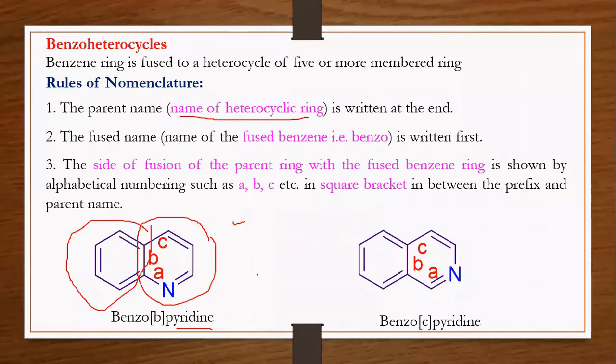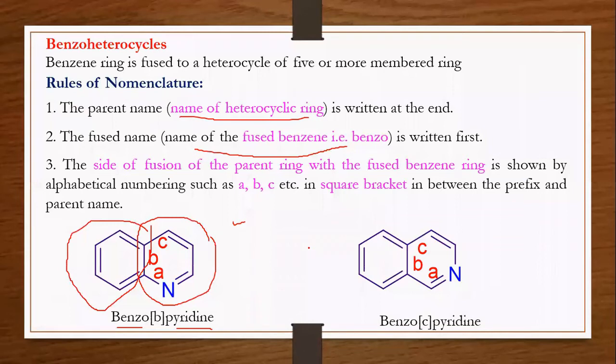Then the fused name is written first. Now here, which ring is fused with the parent? Here, the benzene ring is fused with the parent. Thus, the prefix benzo is used. Here, the name of the fused benzene, that is benzo, is written first.